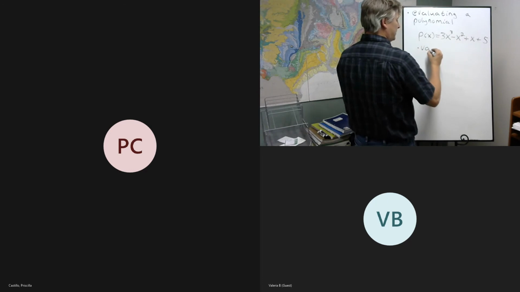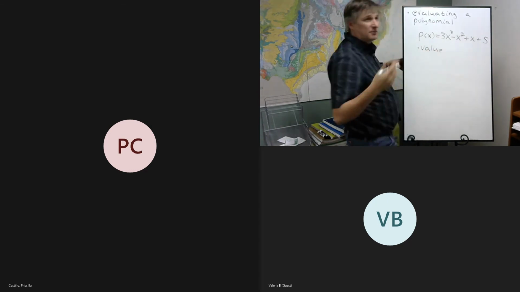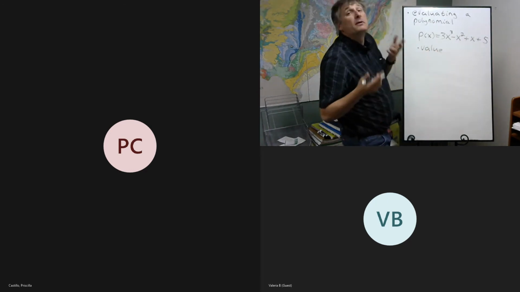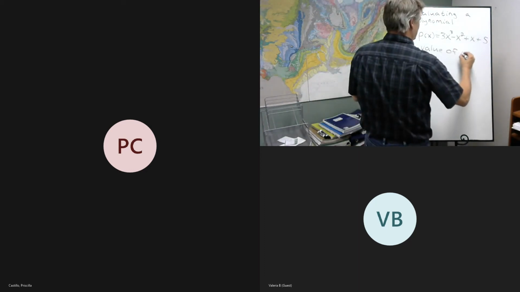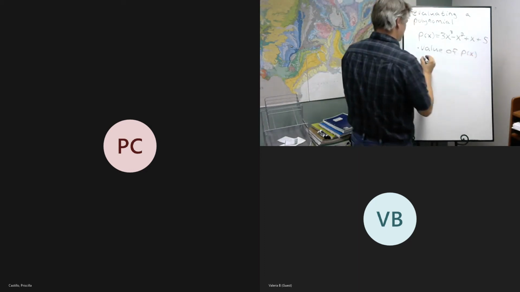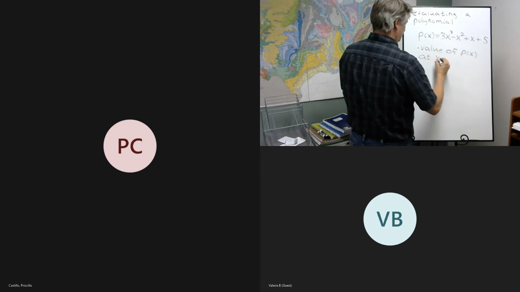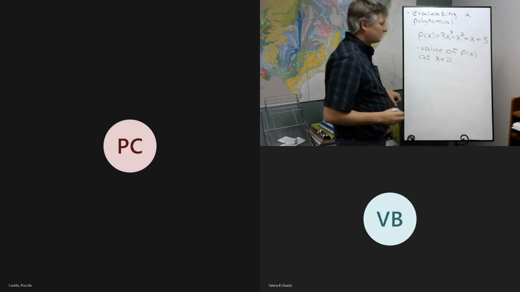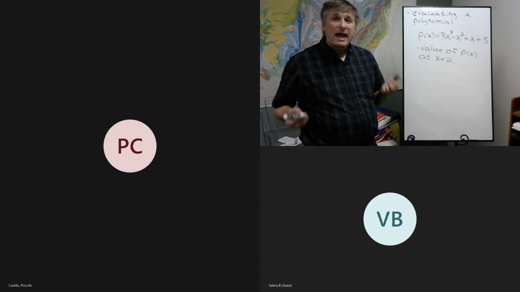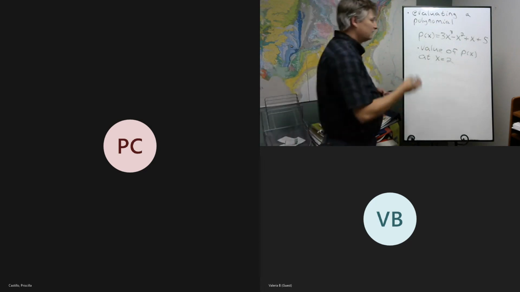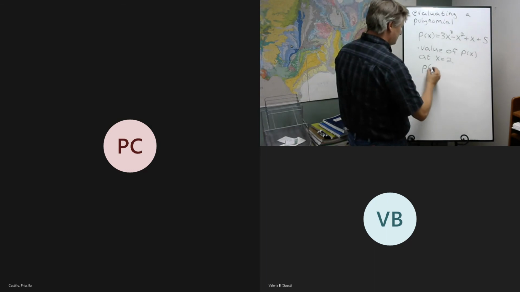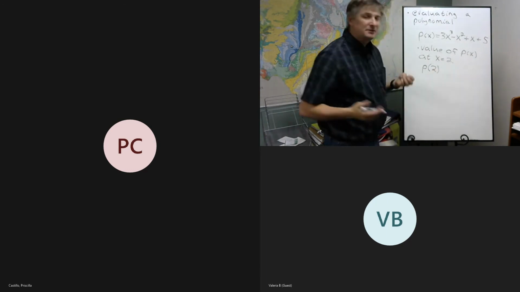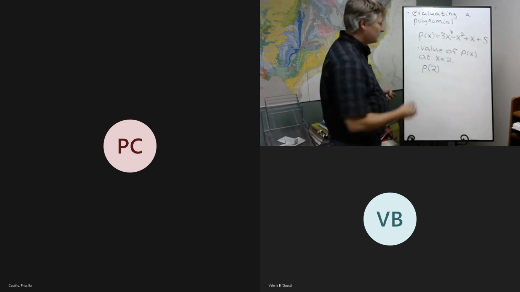And I promise this will have some bearing on why 3,333 could be a polynomial. So the value of p of x at x equals 2. Well, the way we express that, we replace x with 2 everywhere.